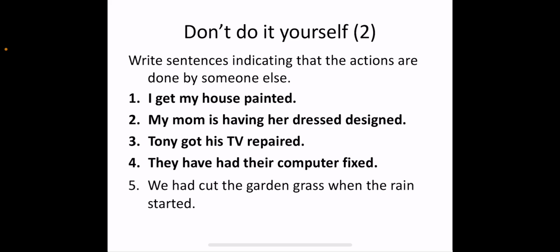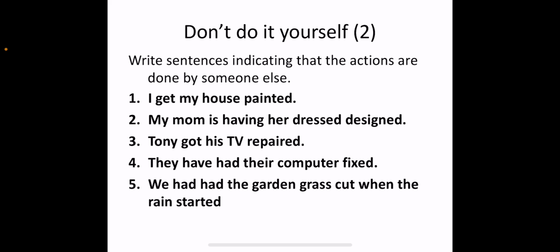The structure for past perfect is had, right? And if I'm using had, I need to put had again, or have. So we had the garden grass cut when the rain started. That's how we express receiving services in English, and we call this type of structure the causative.